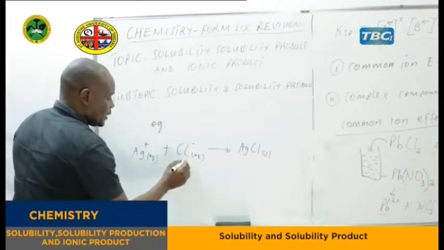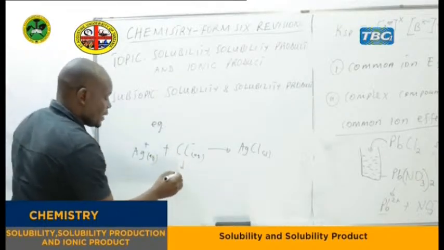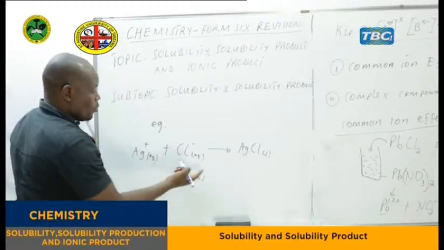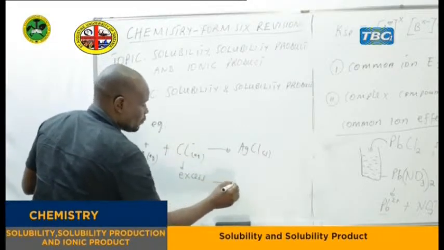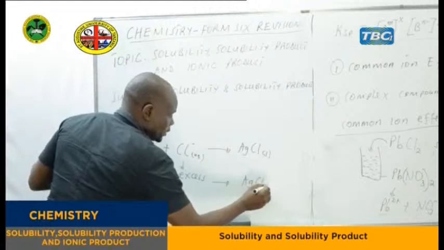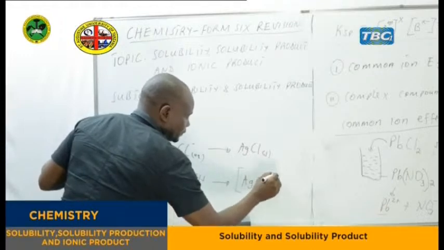But in case chloride ions are in excess, you add excess chloride ions, they will combine with silver and form a complex compound, which will be the dichloroargentate(I) ion.